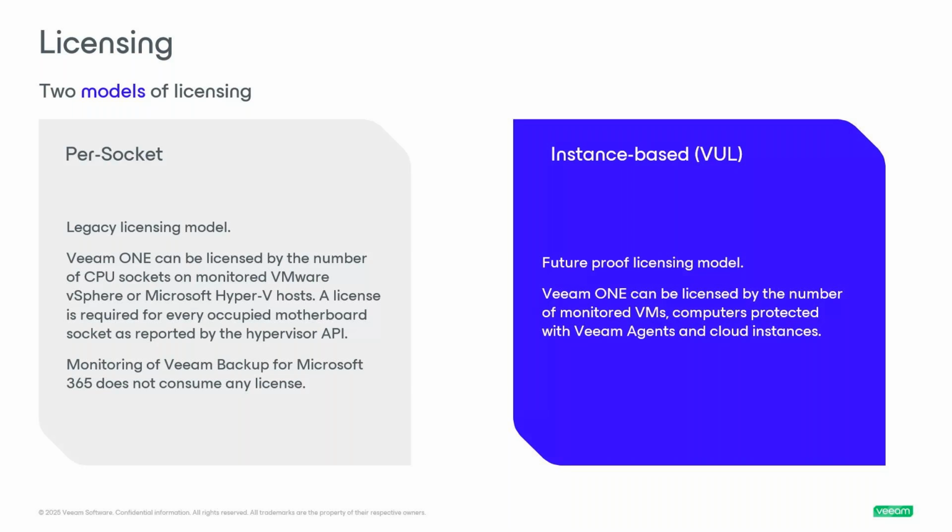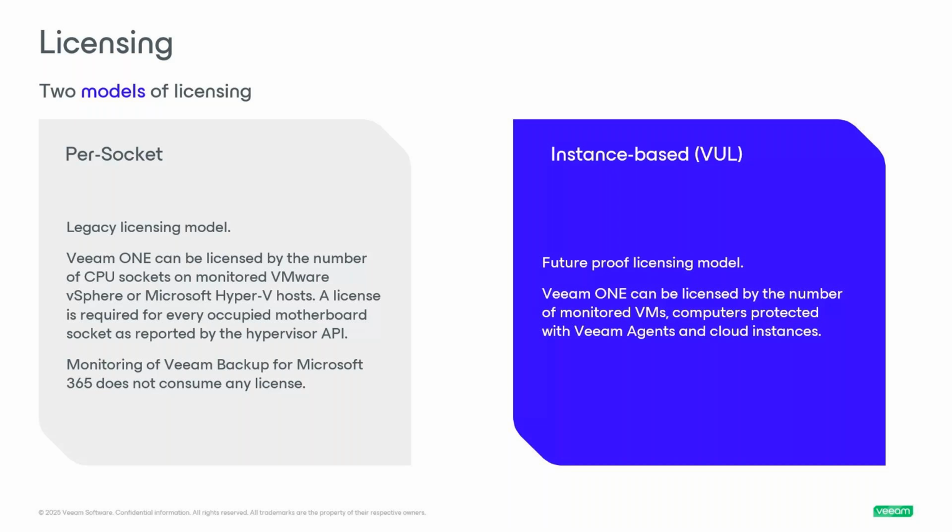This allows you to back up or protect all of the machines within the host, and that's the only license you need to really cover all the machines within the host. This license type is no longer sold. We still honor it with customers that did not switch to the new type of license, VUL. So if you do have that type of license, you will still be able to use it with Veeam ONE.